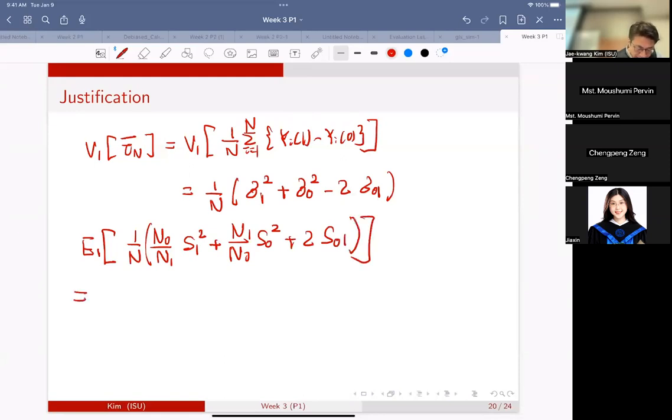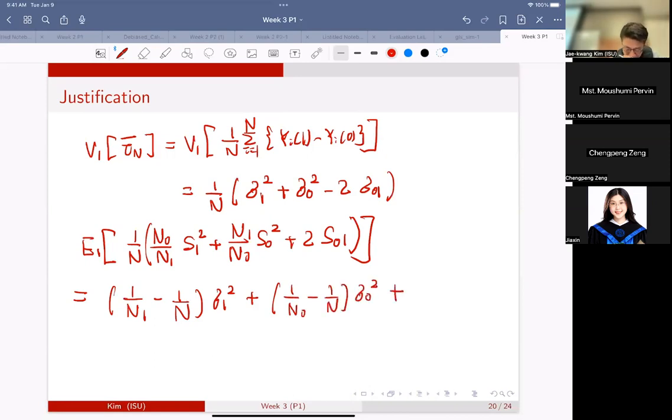Okay. Then that should be, because it is an IID sample, right? So let's do it this way. Let's simplify. This one is 1 over n1 minus 1 over n, sigma 1 squared, plus 1 over n0 minus 1 over n, sigma 0 squared, plus 2 sigma 01.